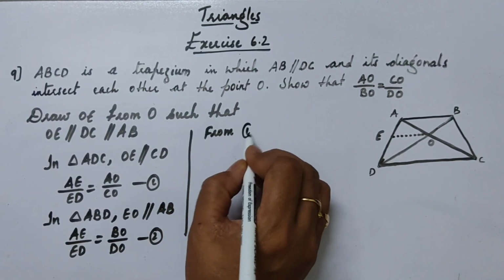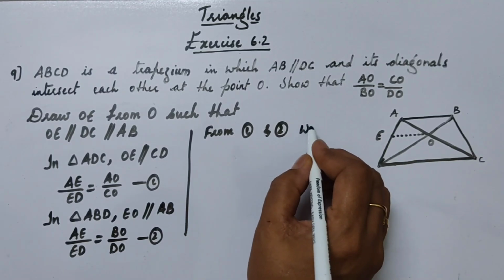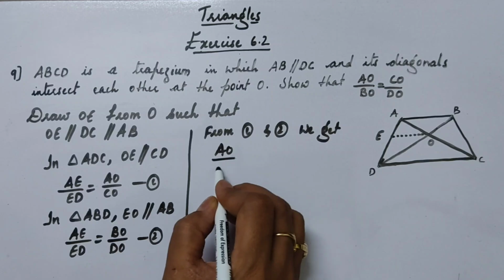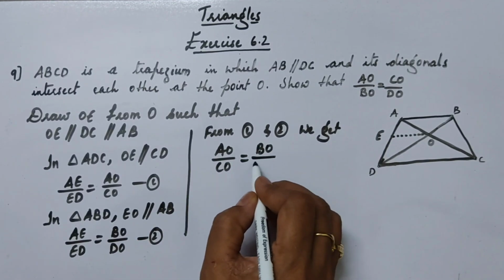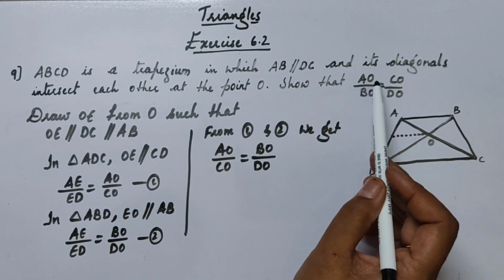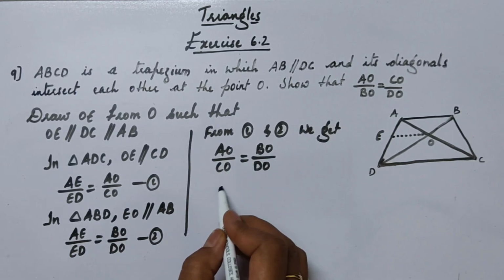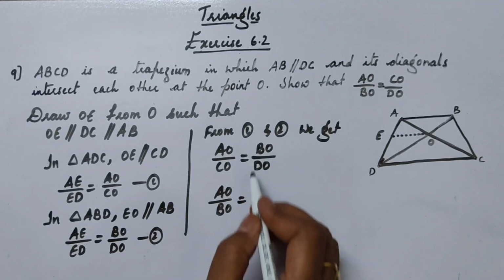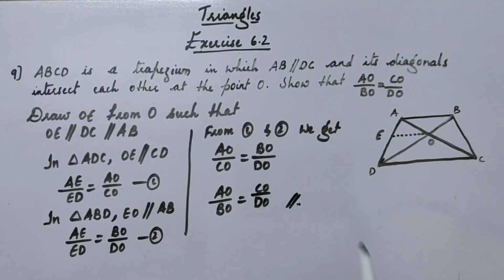From 1 and 2, we get AO by CO equals BO by DO. Now here, AO by BO, we'll just interchange this. So AO by BO equals, we'll shift that side, CO by DO. I hope this is clear to you all, students.